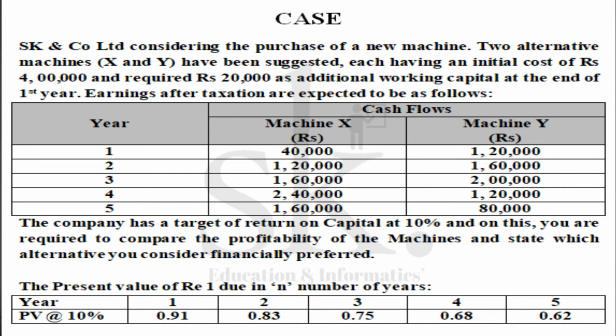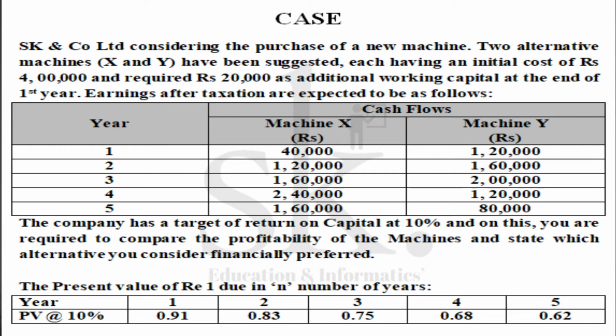So we understand that there are two investments being done. One investment is done in the 0th year, which is rupees 4 lakhs, and the second investment is done after the end of the first year, which is rupees 20,000, for additional working capital.